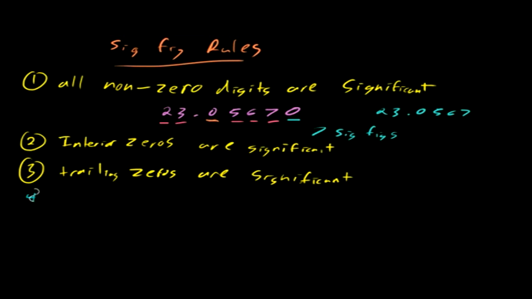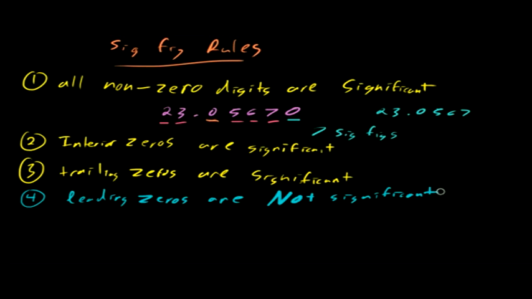Rule 4 is that leading zeros are not significant. Let's say, as an example, I gave you this number, 0.00057.